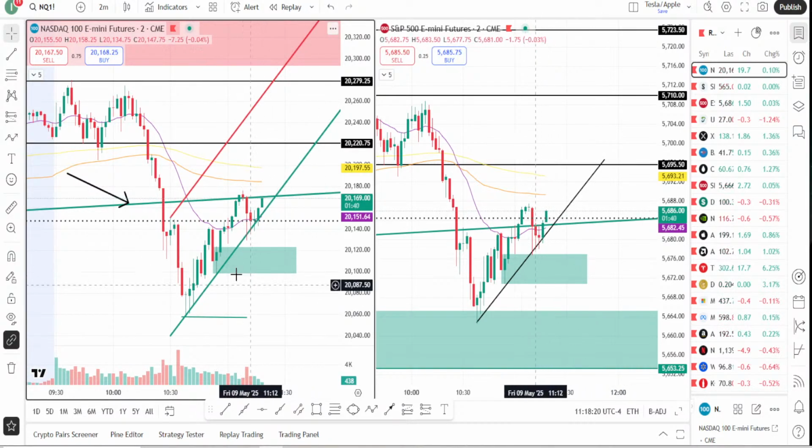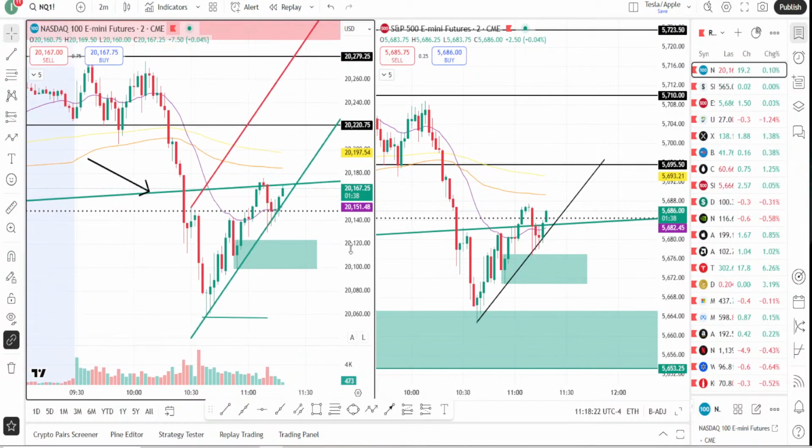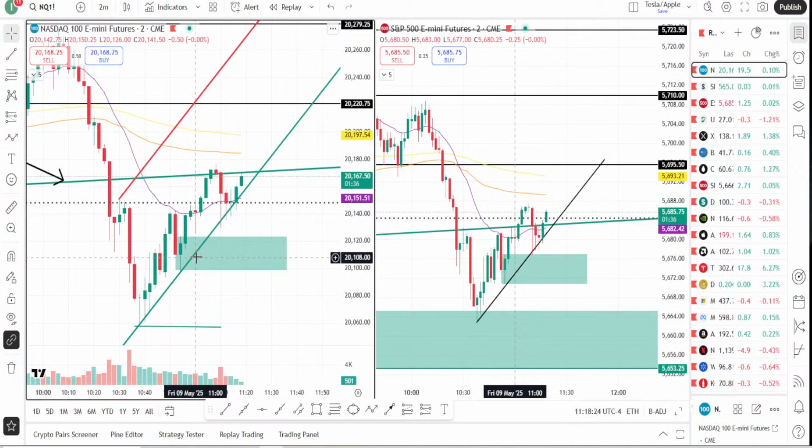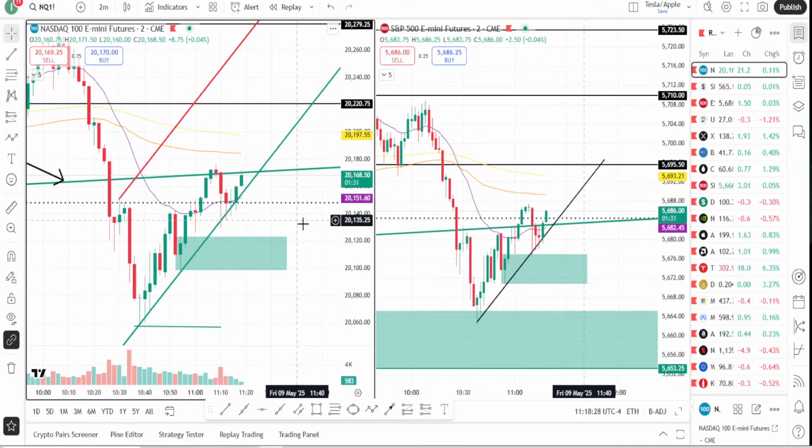Definitely looking very strong, looking like it wants to push higher. Price is still respecting this support line here, still respecting it.